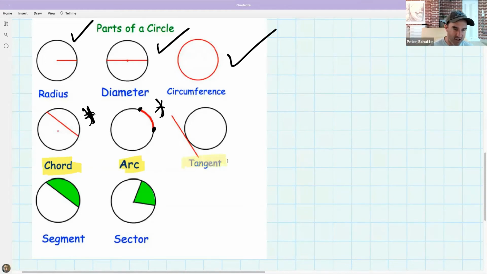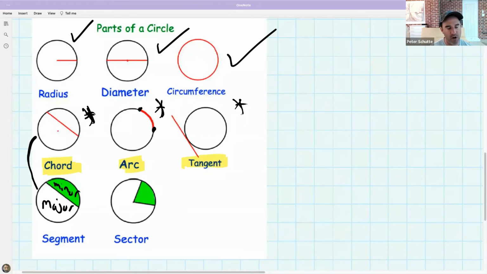And then the word tangent that came up earlier. So that's new. And then what are these strange things over here? Segment and sector. Those are words that stand for parts of the area of the circle. The way I think about it is a segment and a chord are very closely related, because a chord divides a circle into what's called a major segment and a minor segment.